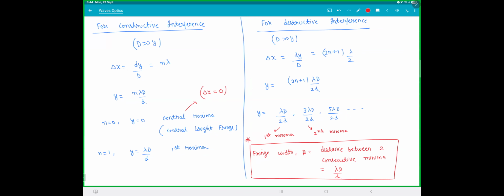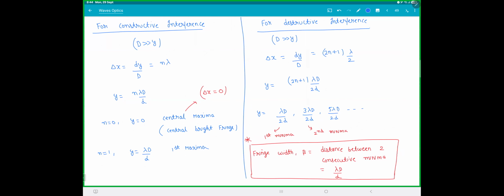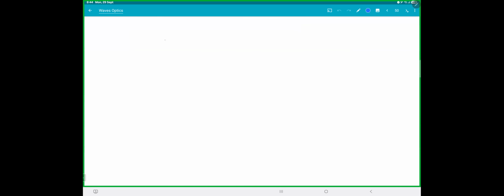So if you try to put this on a screen, how does it look like? Now, if I try to put this on a screen, this is intensity. Let's say this is your y is equal to 0.